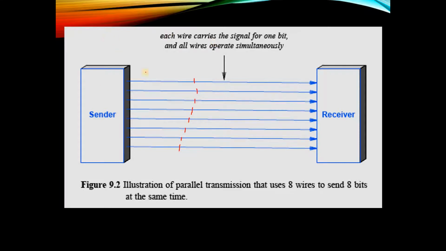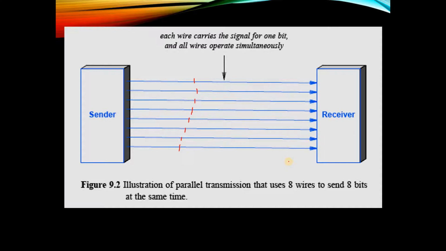Normally, computer parallel transmission takes 8 bits at the same time. The latest technology uses 16 bits, 32 bits, and it goes on. But 8 bits at the same time is the obvious case. What is meant by 8 bits? We have learned in previous videos: it is 1 byte, right? So usually a sender transferring 1 byte at the same time is known as parallel transmission.